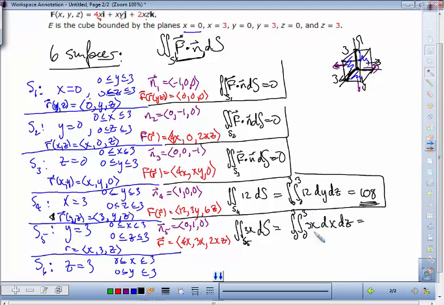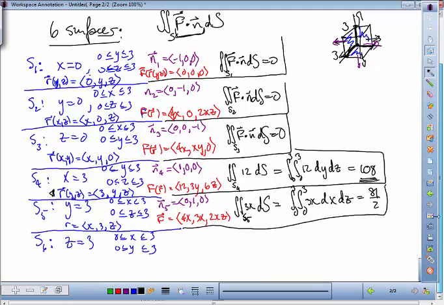You square that, it'll be 9. 9 times 3 is 27. 27 over 2 times 3, 81 over 2. Is that right? I hope it's right. I'll move on assuming it's right, and then if it's wrong, then that could be the place where it should be wrong. All right, last one.